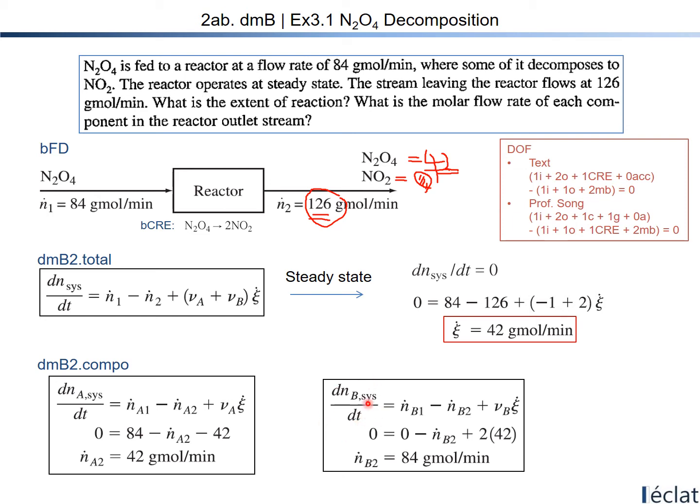So accumulation is 0 and input is 0 because you cannot find any product, NO2, in the input stream. Minus output, which is unknown, plus the extent of reaction xi times the stoichiometric coefficient of this product, 2. Then you could calculate the molar flow rate of component 2 in the output stream. It is very simple.